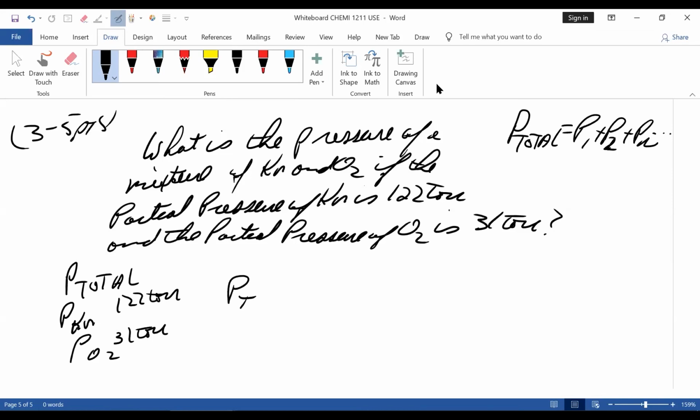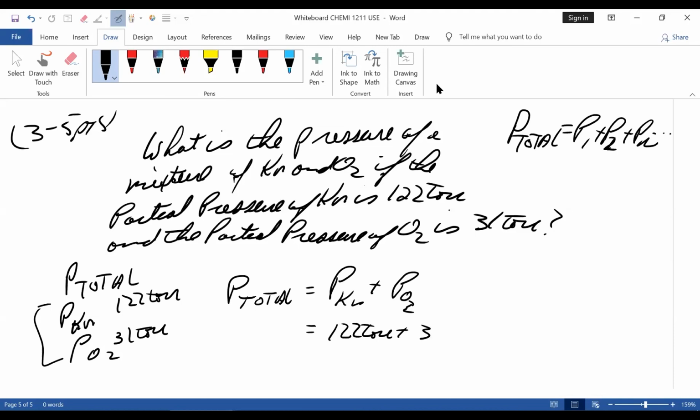P total, Dalton's law of partial pressure, equals, in this case, the sum of the partial pressures of the gases in the mixture. That's partial pressure krypton plus partial pressure oxygen, and therefore this is 122 torr.